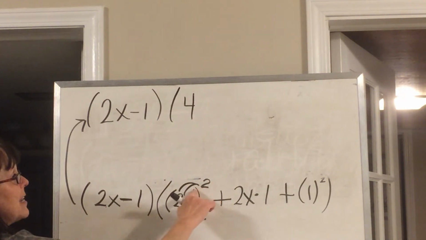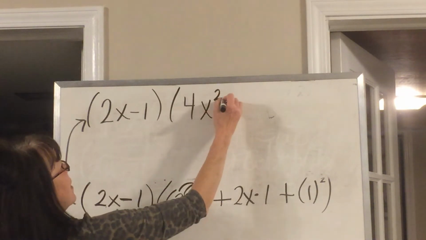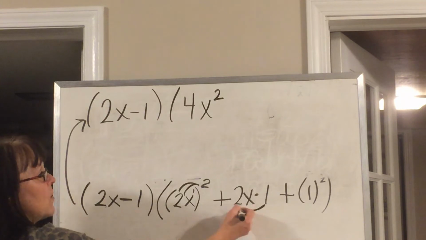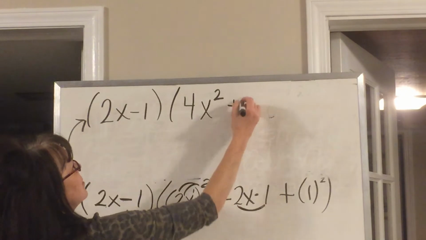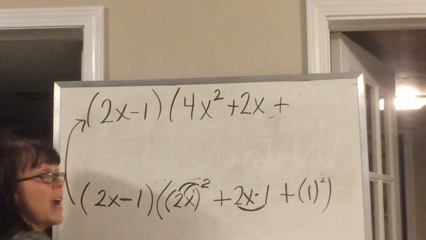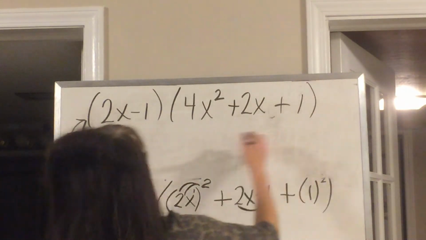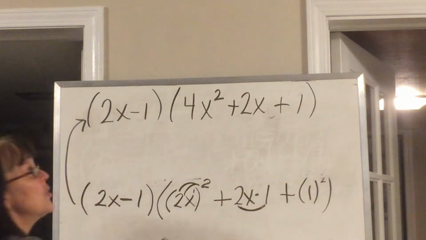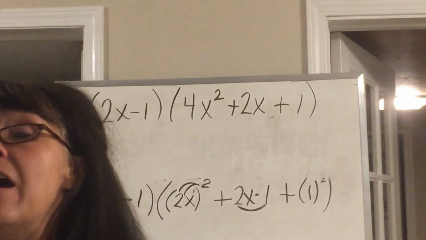And multiply these exponents. 1 times 2 is x squared. On the right here in the middle, 2x times 1 is just 2x. Plus 1 squared, which is 1 times 1, is just 1. And that is your answer. Okay, I'm going to say it again. Write the formula. Take a cube root, plug in your numbers, and simplify.